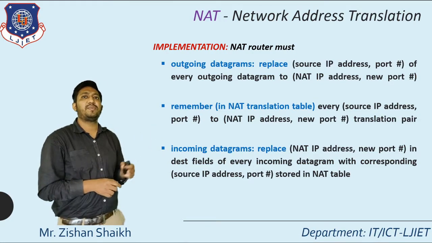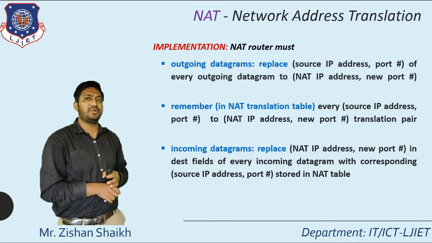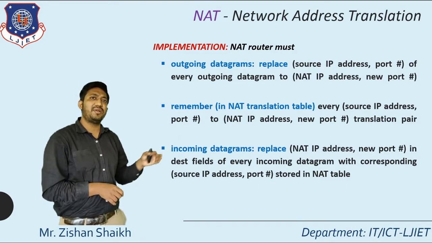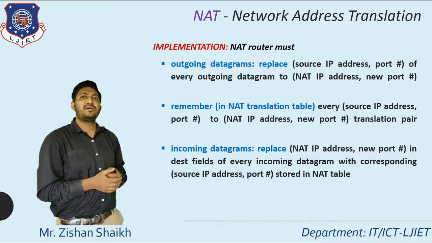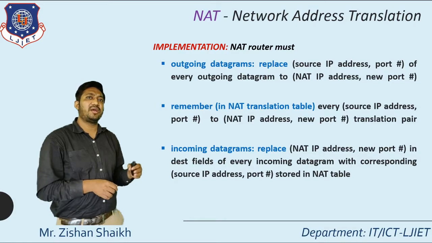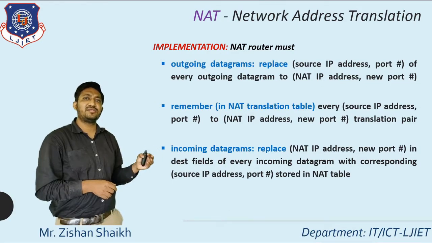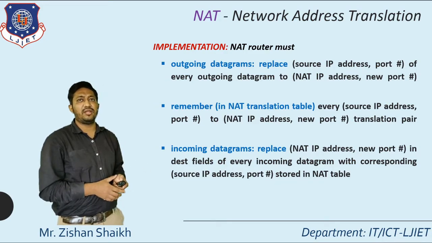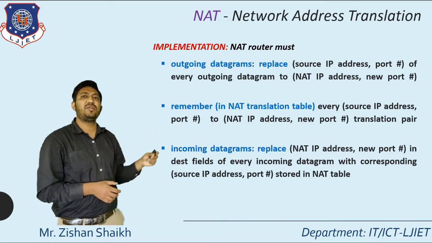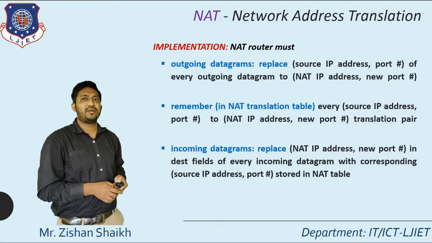That is the third part, the incoming datagram. In the incoming datagram, NAT replaces the destination IP address and port number of every incoming datagram with the corresponding source IP address and port number already stored in the NAT table. So these three basic fields are maintained by our NAT table.